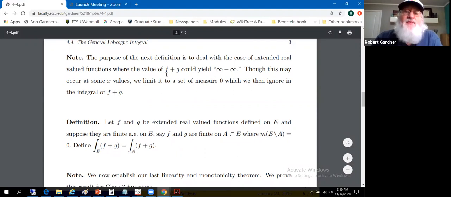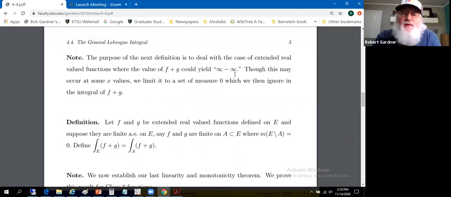We might have f taking on the value infinity, and we might have g taking on the value negative infinity. We're allowing these extended real numbers. So this definition will allow us to deal with those kinds of functions by permitting this behavior, but restricting it to behavior on a set of measure 0. And we will ignore that set of measure 0. That's what the definition is going to tell us to do.